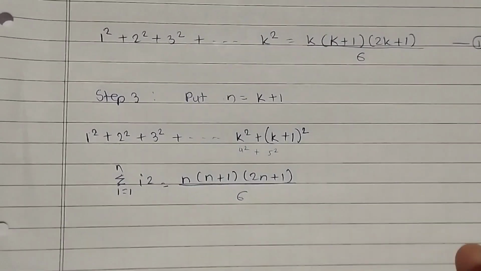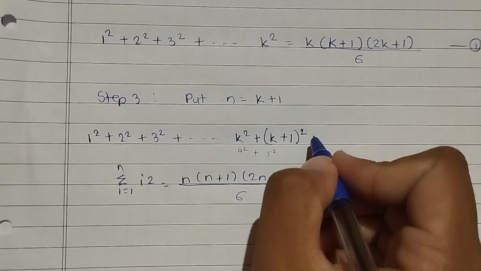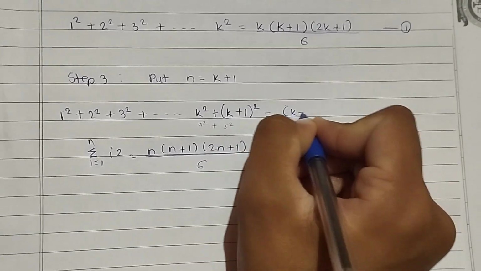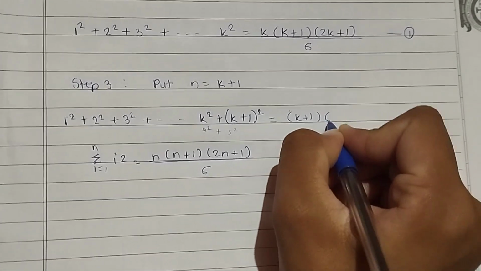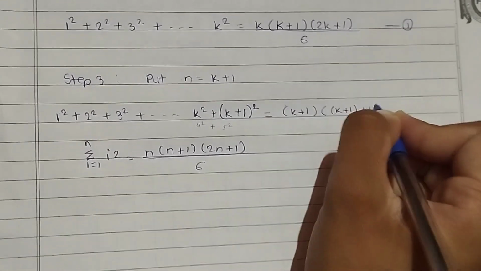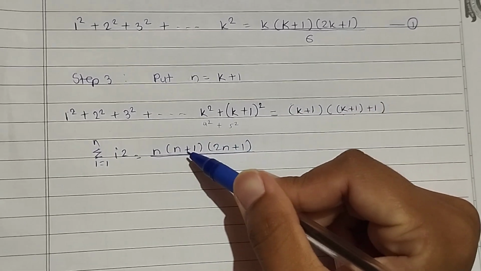So that's why we write here k squared first, then (k plus 1) squared, and is equal to (k plus 1) into (k plus 1 plus 1). This is the term of n, means n plus 1.